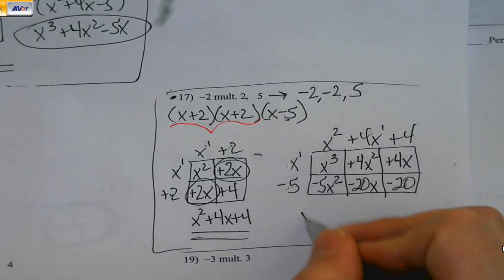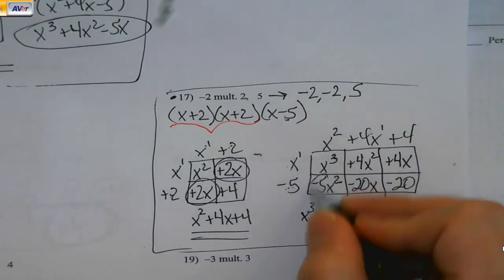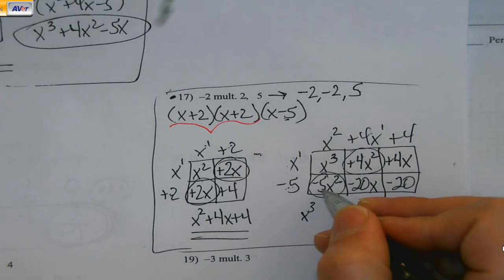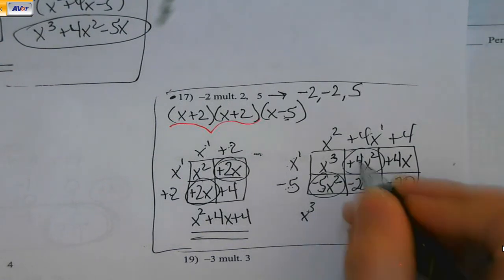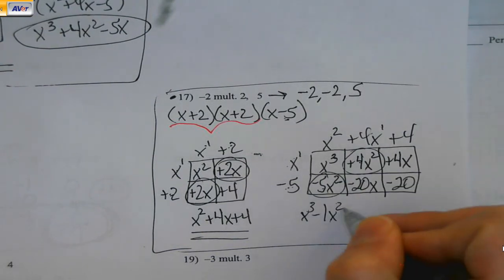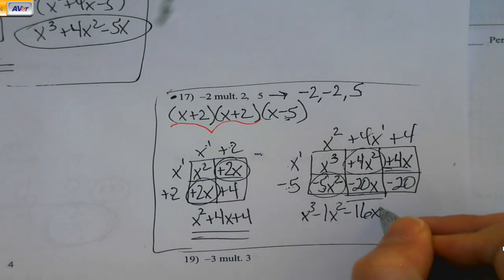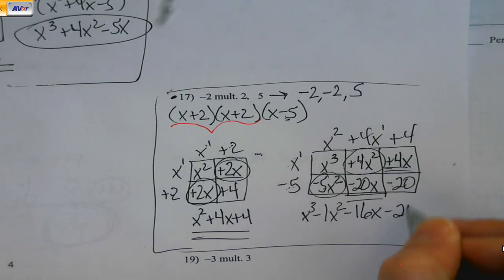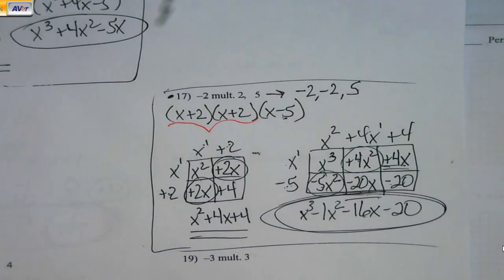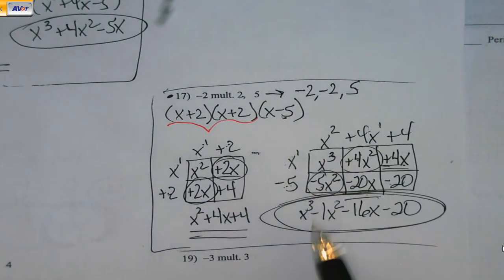And then just start writing your terms from greatest degree to least. Again, watching signs. -5 plus 4 is -1. -20 plus 4 is -16. Three zeros, degree of 3.